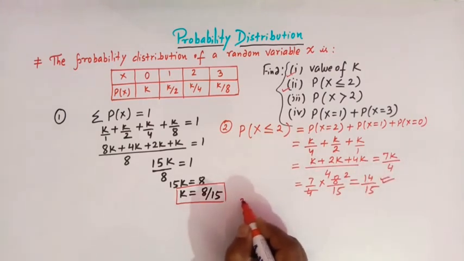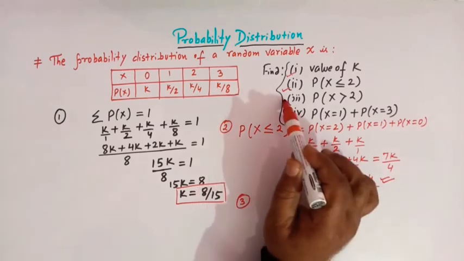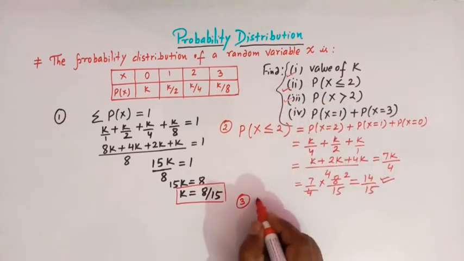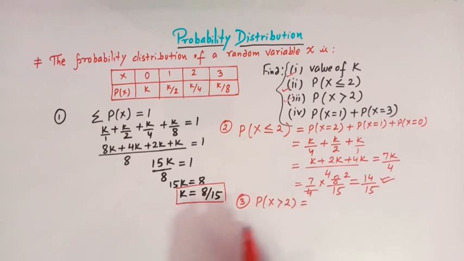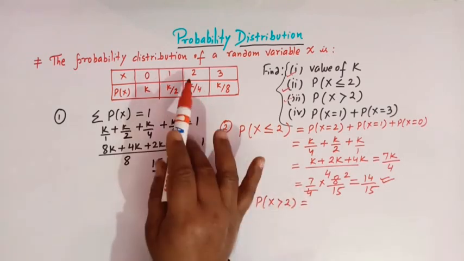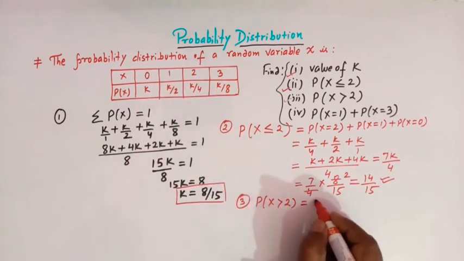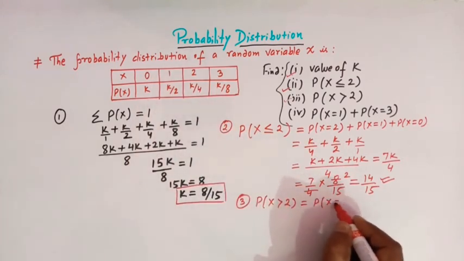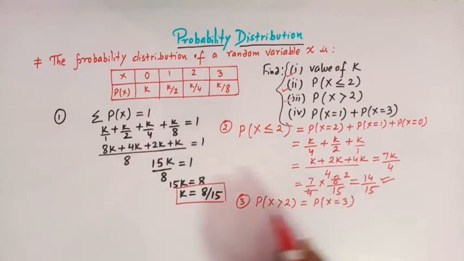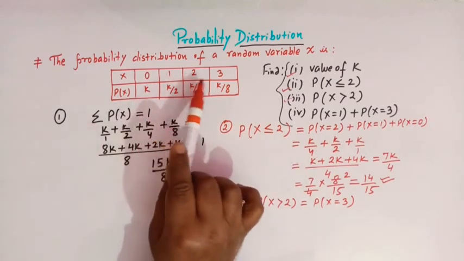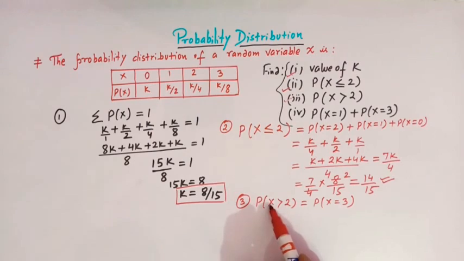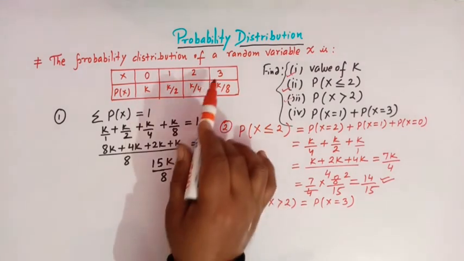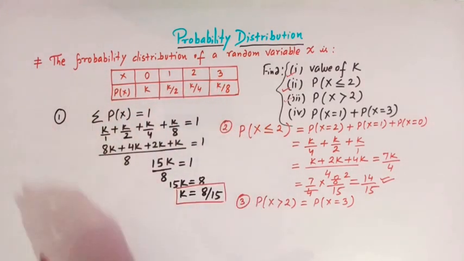So now let us take the third one. So here we have to find p of x greater than 2, right? So p of x greater than 2 is simply equal to p of x is equal to 3, right? Because here we have only one value which is greater than x is equal to 2, which is x is equal to 3.